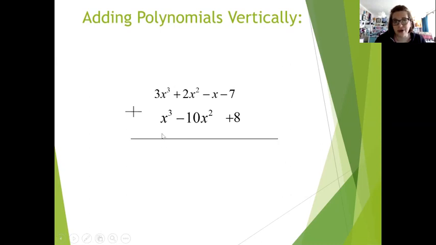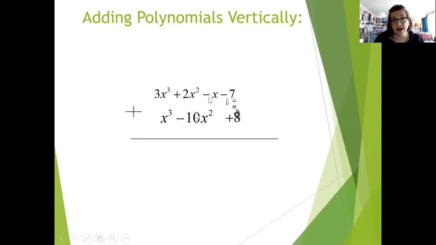Let's look at an example. I've got x to the third right here. I'm going to put it under 3x to the third because I can combine those guys up. They are like terms. These ones are x squared, so I can combine those together. This is a constant. These guys are both constants. They don't have any variable attached to them, so I can combine them.